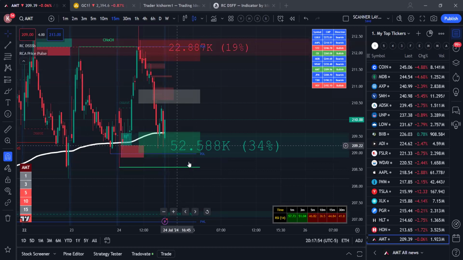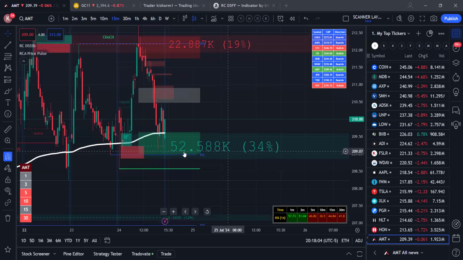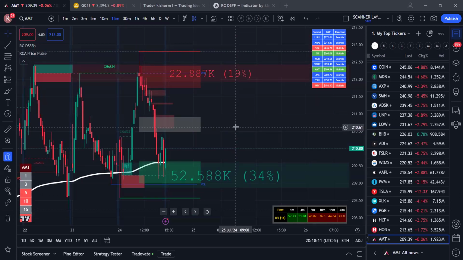So this is a good zone, a good area where a lot of market makers, big banks, want to buy. They are the people who make a lot of profits in the market. So you want to follow them. Generally, what retail traders do is when Tesla is 160, 170, we won't buy it.